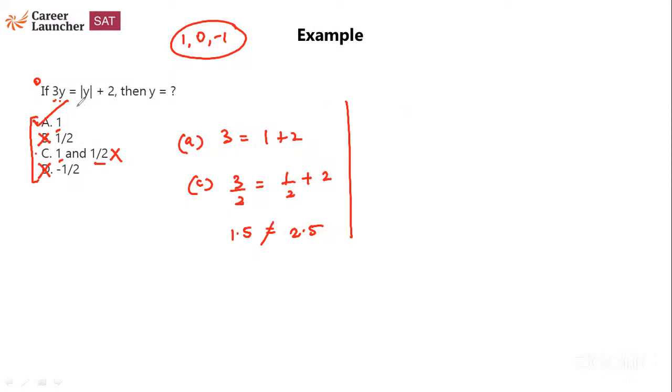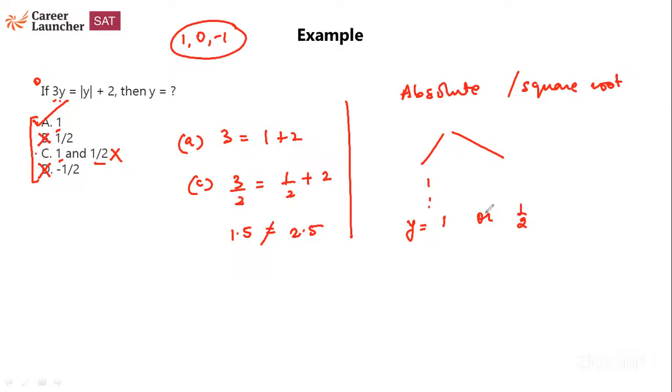Whenever you are doing modulus type of questions, or absolute values, or square root questions and solving it algebraically, one time positive, one time negative, getting 2 answers, y is equal to 1 or 1 by 2, put these values back into the given question. It might happen that one of the values does not satisfy the equation which is given to you.